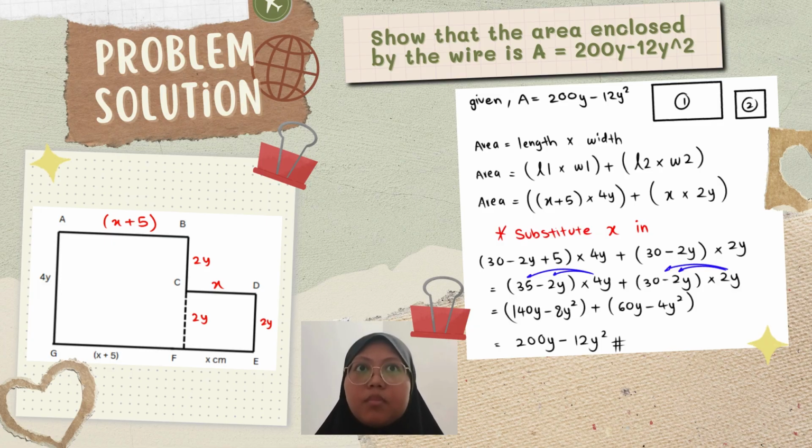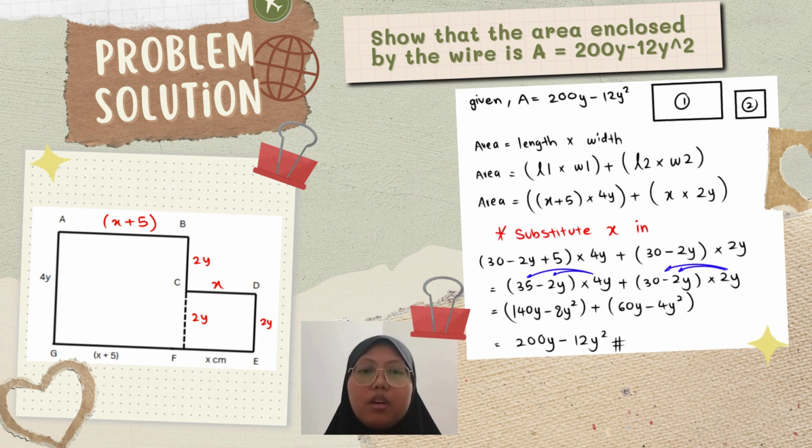We will use the formula area equals length times width, and we will add the area of the rectangle to the area of the square. So we get area equals (x plus 5) times 4y, which is the rectangle area, plus the square area, which is x times 2y.